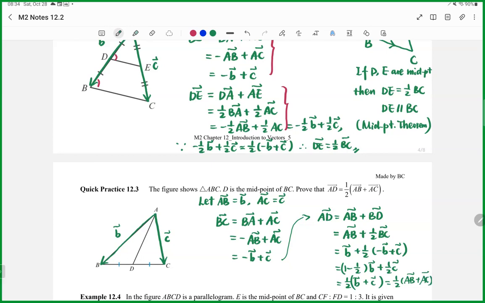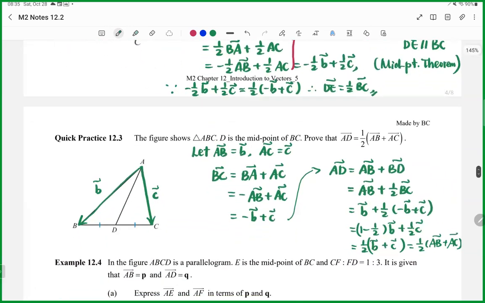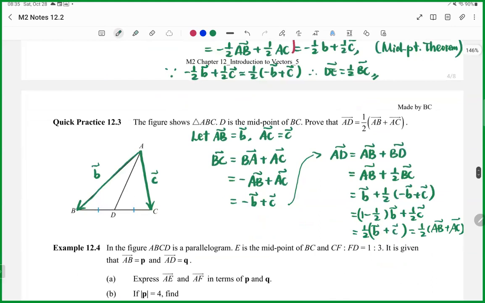Okay, I see that you are done. Look at my solution. It's not completely necessary, but I recommend that if you have decided on the two base vectors, you let them out: this is B, this is C. In this question, I think it's easier if you express BC first.